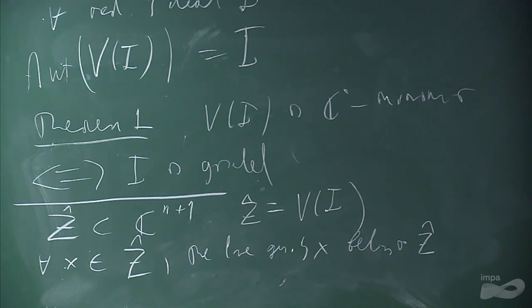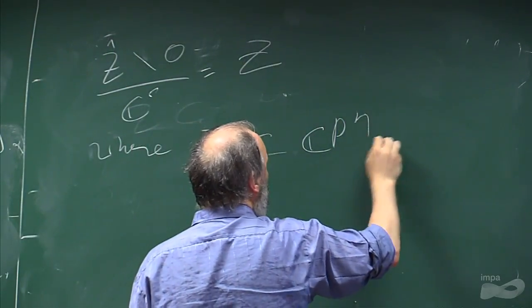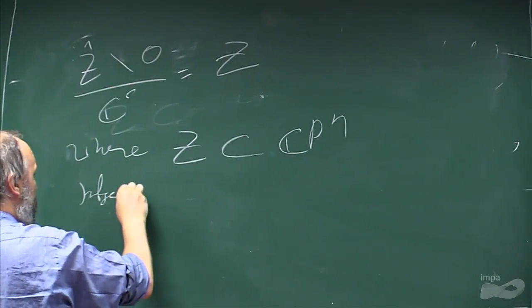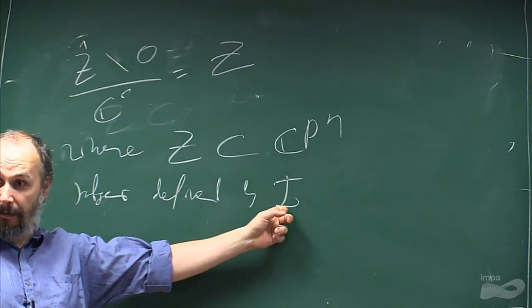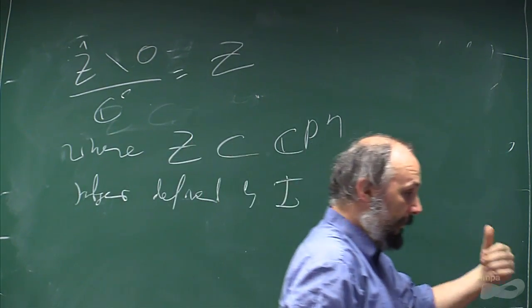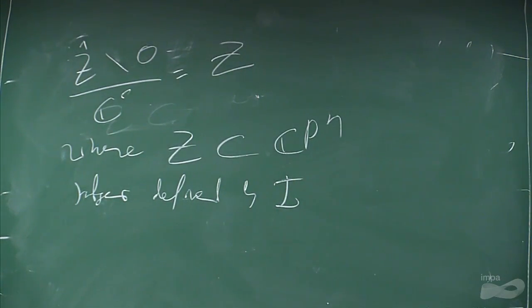So you take Z hat without 0, quotient by C star, and this is Z, where Z in CPN is the subset defined by I, where I is a graded ideal. Its zero set is just the set of lines which pass through the points of Z hat. This is clear.